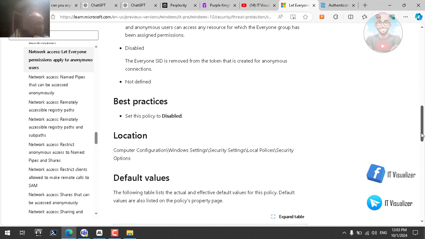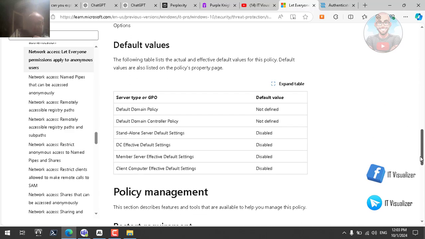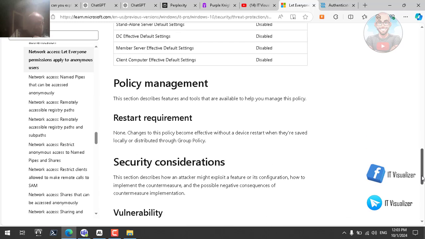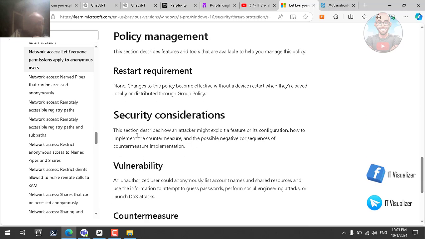Best practice is to disable it, as you can see here. Under security considerations, this section describes how an attacker might exploit a feature or its configuration, how to implement the countermeasures, and the possible negative consequences of a countermeasure implementation.